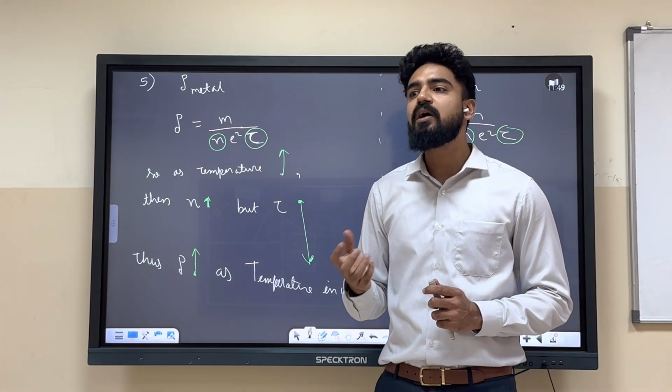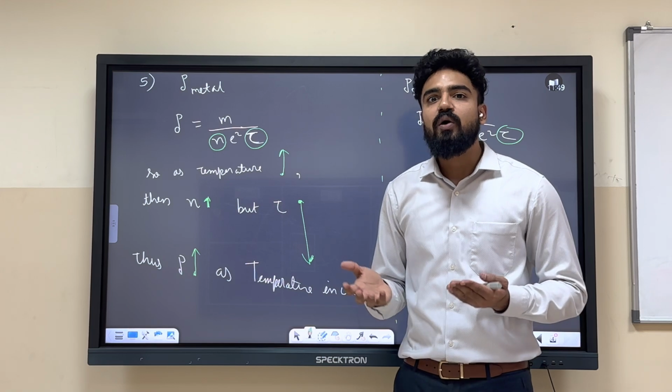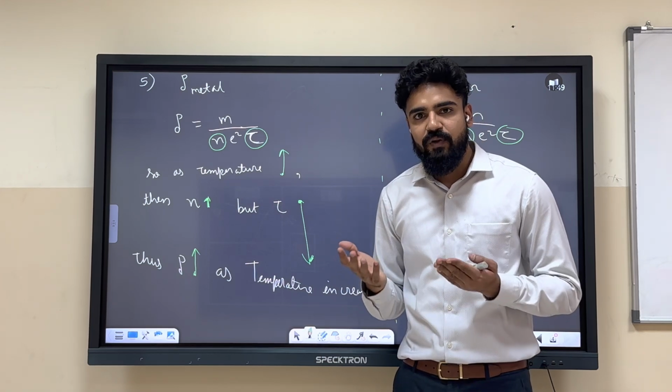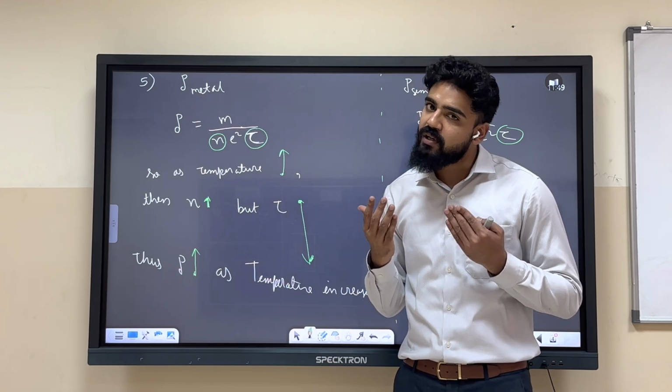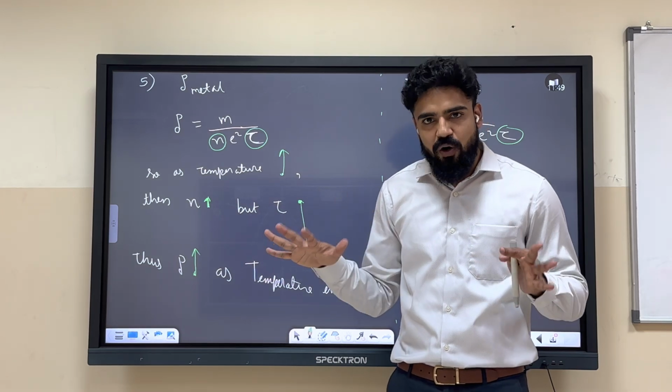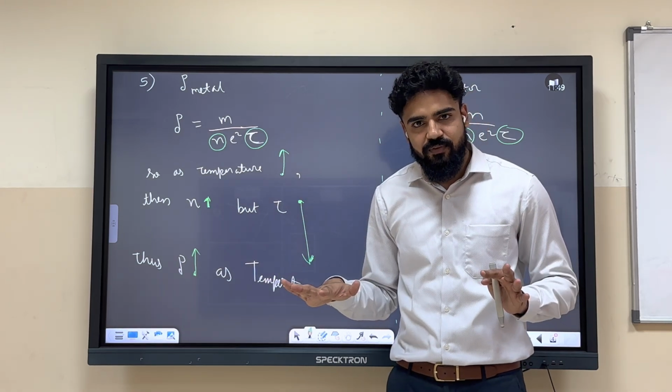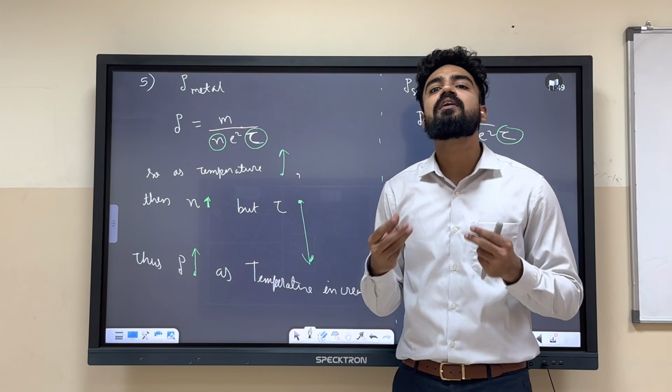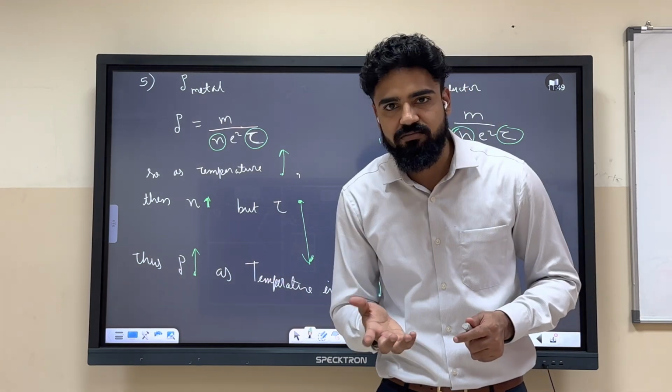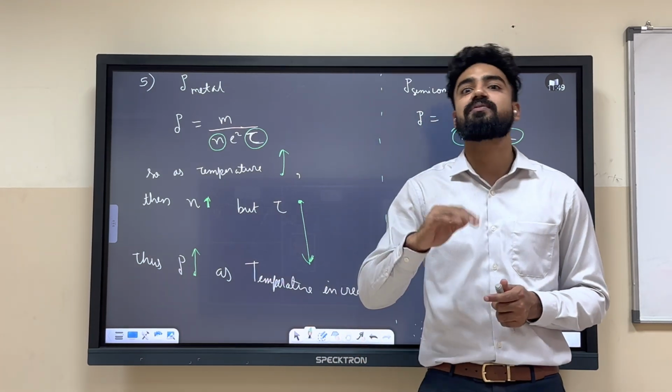Just giving you one number, if you have 1 crore electrons in the metal, then you will only have 10 electrons in the semiconductor. Are you getting it? That much difference.